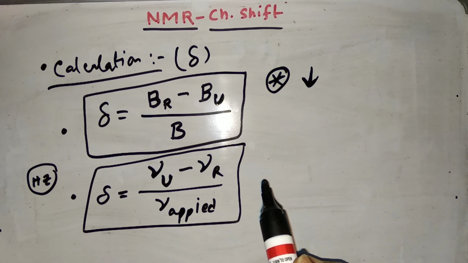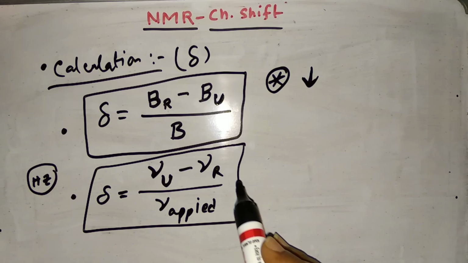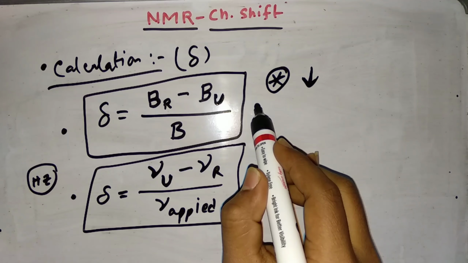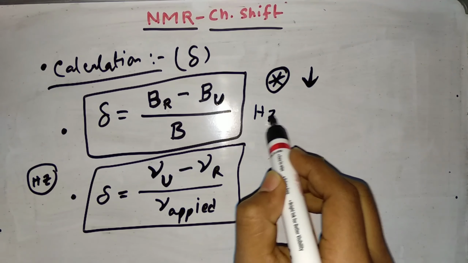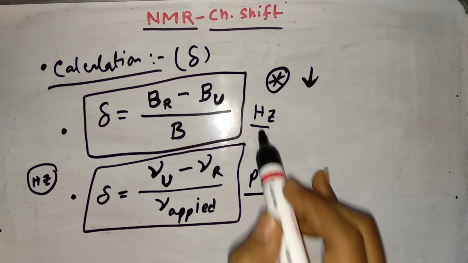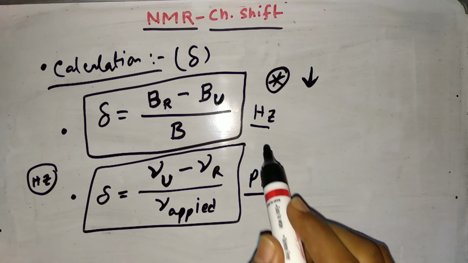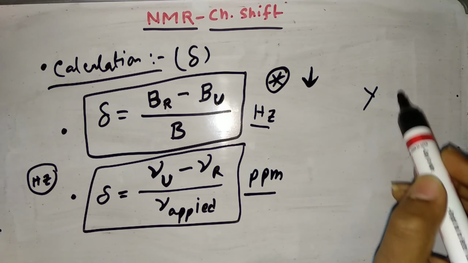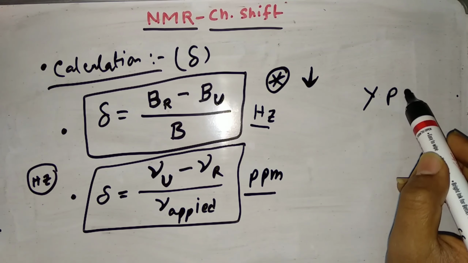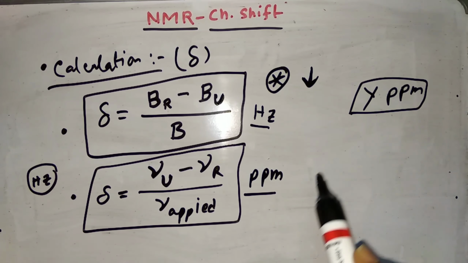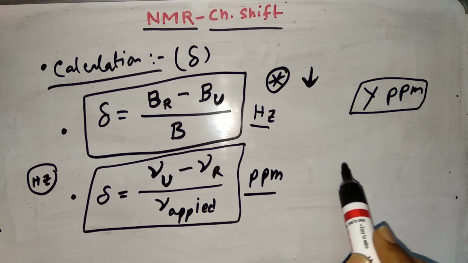Here I want to add something: this value is actually in hertz, and this value is actually in ppm. So how do we interconvert hertz and ppm? Say you have calculated the chemical shift value as y in ppm, and you want to get the value in hertz.